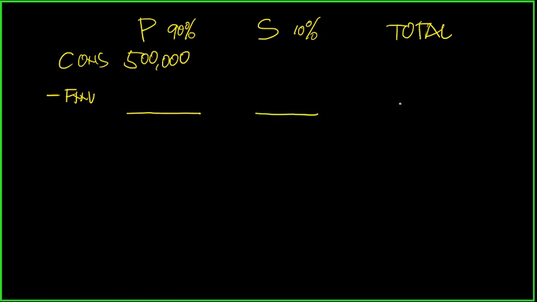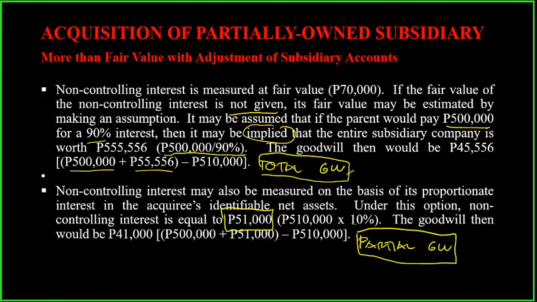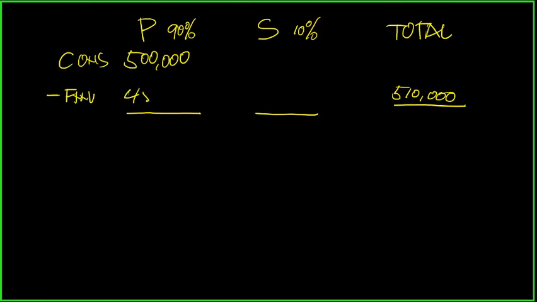The total fair market value is given to us at 510,000 pesos. Okay, since 90% was acquired, it was computed earlier. That will be 459,000 for the parent. And this one will be 51,000 pesos. Again, gaya ng sinabi natin sa shortcut, consideration minus fair market value equals your goodwill.